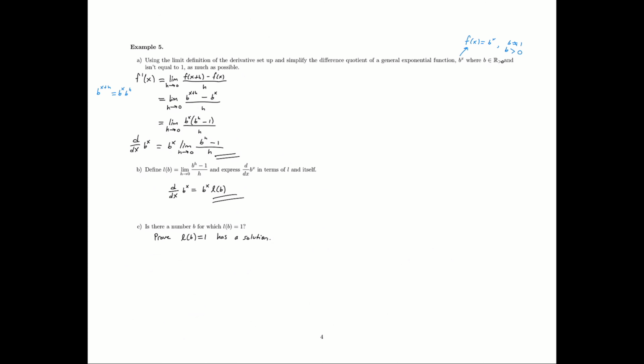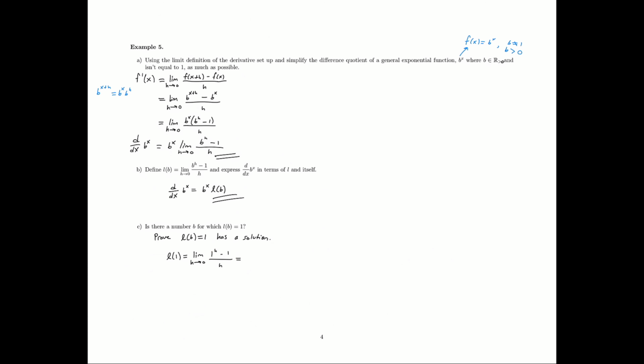Let's take a look at what's the value of L of 1. Well, if we plug in b equals 1, we'll have the limit as h goes to 0 of 1 to the h minus 1 over h. But 1 raised to anything is 1. So this is just 0 in the numerator, right? I don't even have to do anything here for that.